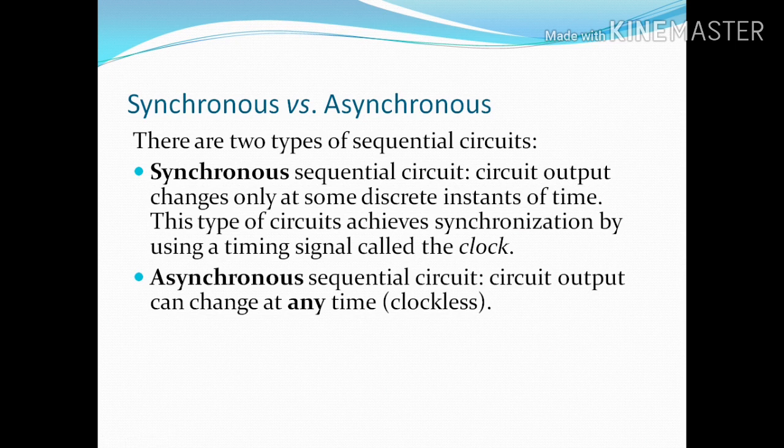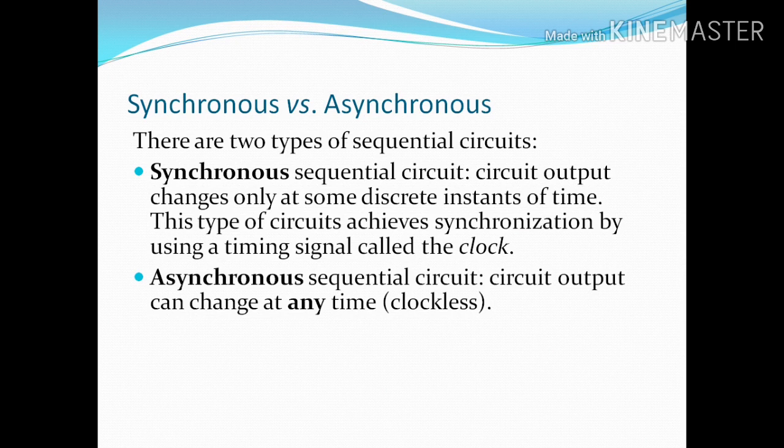There are two types of sequential circuits, synchronous and asynchronous. In synchronous sequential circuits, the output changes only at some discrete instants of time. That means within a specific time diagram, you will get the changes.